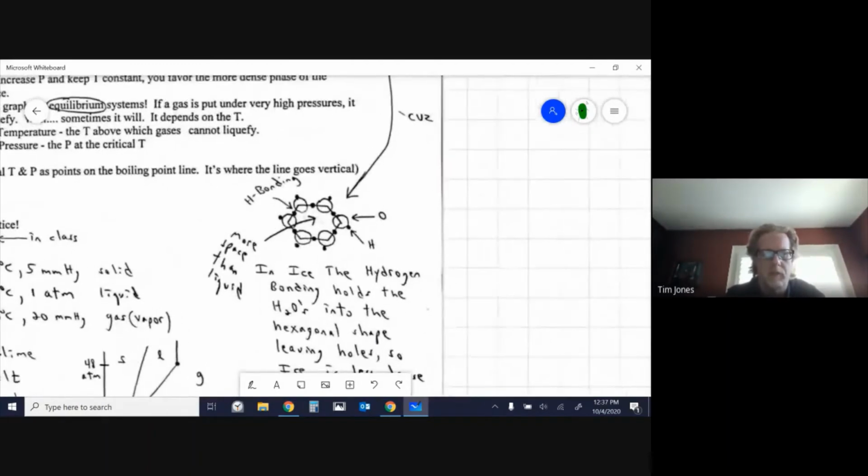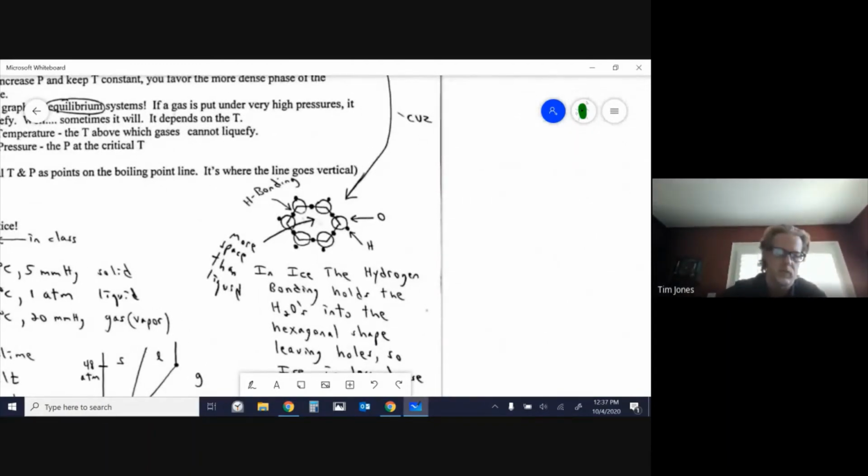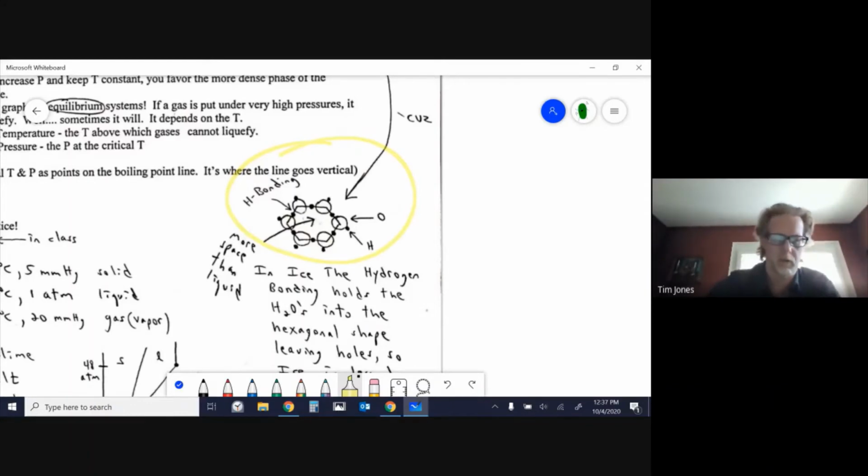So if you take a look at my drawing right here, this is a drawing of what water looks like when it freezes, in which case I have 6 water molecules. Each water molecule I've represented with a circle and then 2 dots. So the 2 dots are the hydrogen, the big circle is the oxygen.